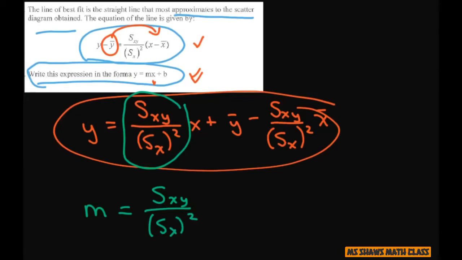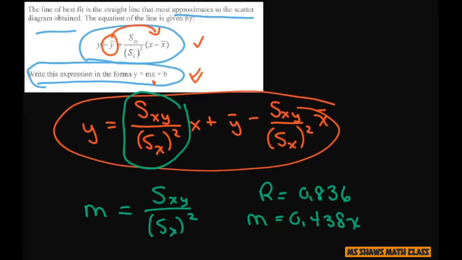Now, given the data, we can plug everything in. We know our r is going to be 0.836. We did that. And then plugging everything else in, you're going to get the slope equals 0.438.